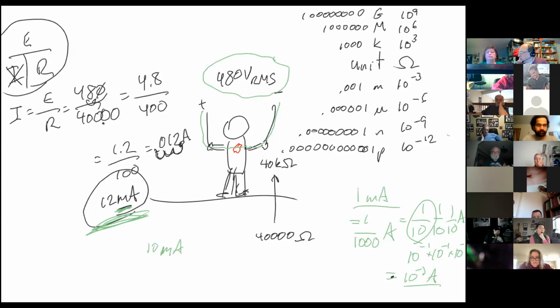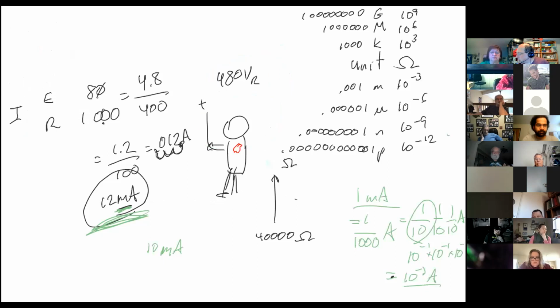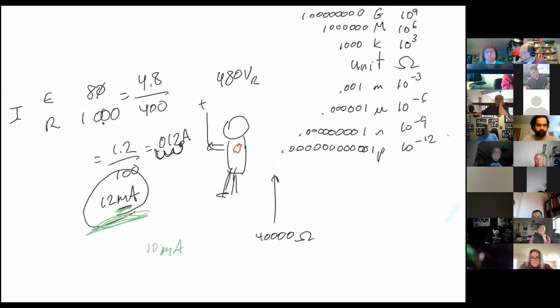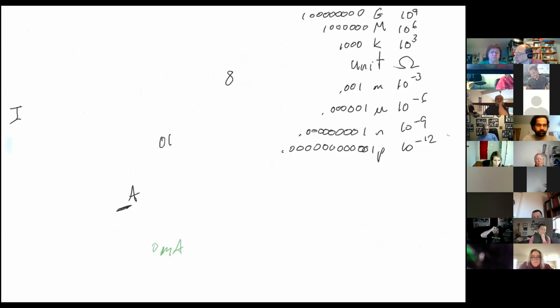So now what we're going to do is a little bit of conversion on units. What's important to note is that for units, all we're doing is replacing powers of 10, as we just did, but now I'm going to do it a little more formally.